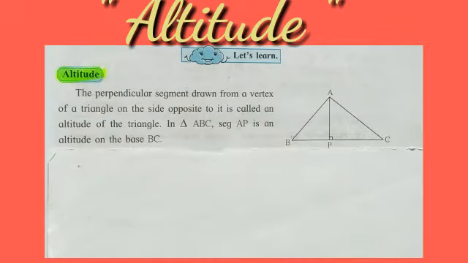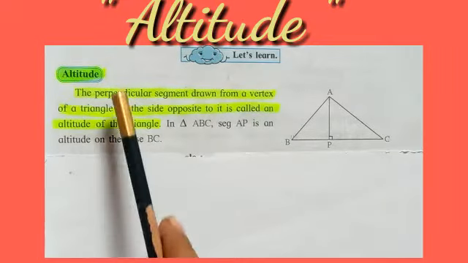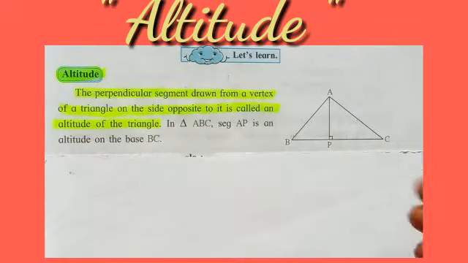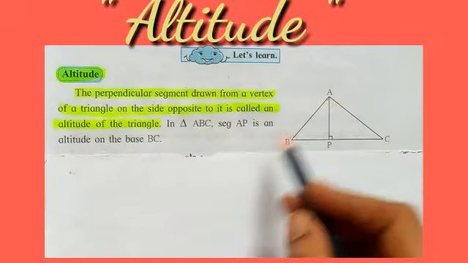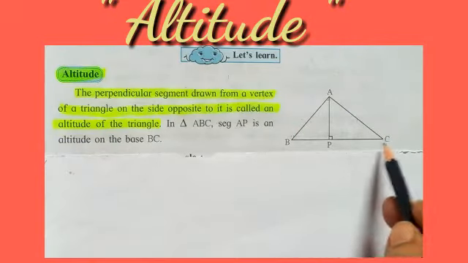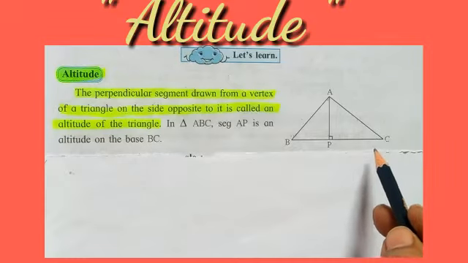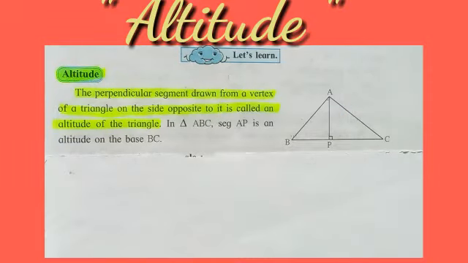So the definition of the altitude is: the perpendicular segment drawn from a vertex of the triangle on the opposite side is called an altitude of the triangle.